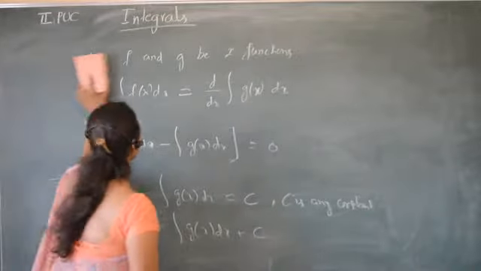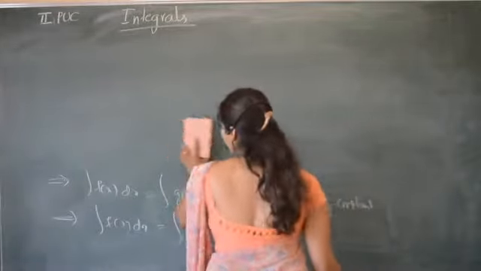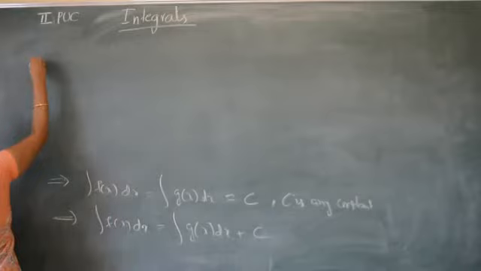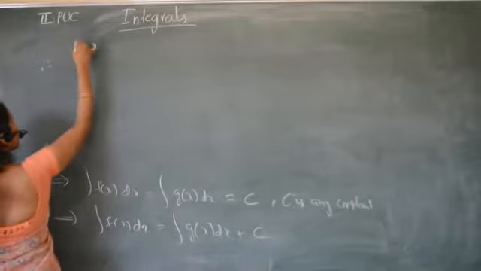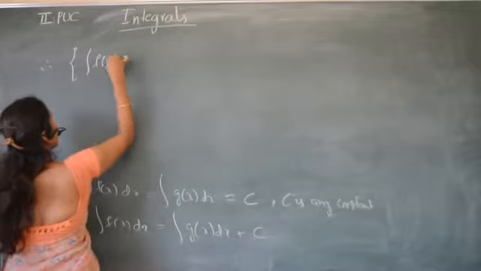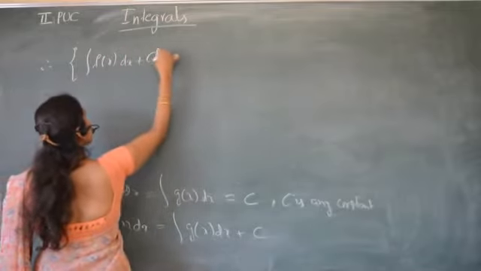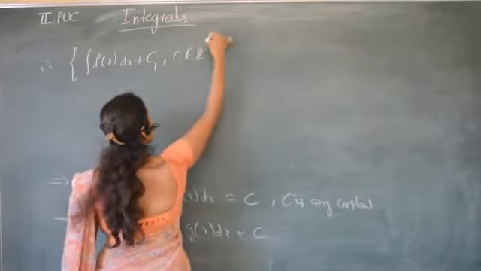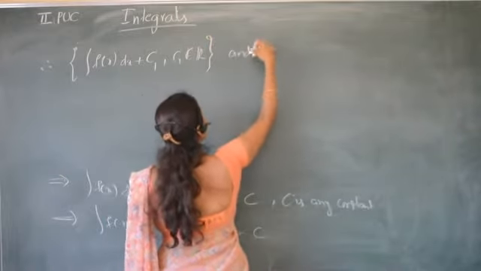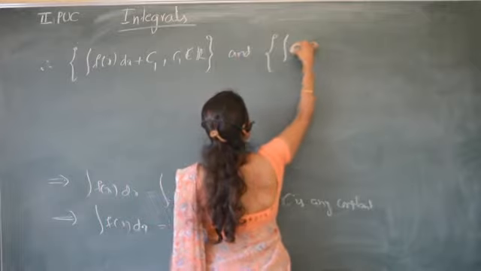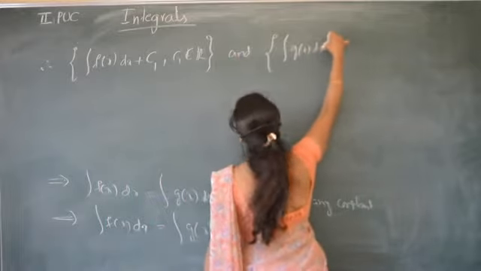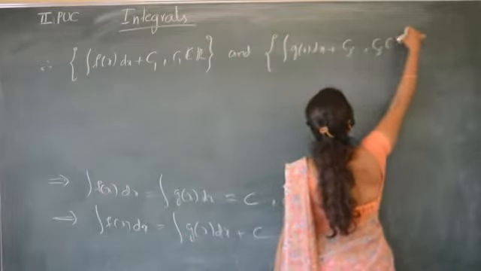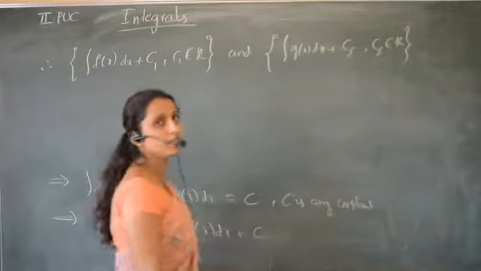Therefore, either f of x or g of x, both are the families, therefore the family can be written as: the integral of f of x dx plus C1, where C1 belongs to the real numbers, and the integral of g of x dx plus C2, where C2 is a real number.